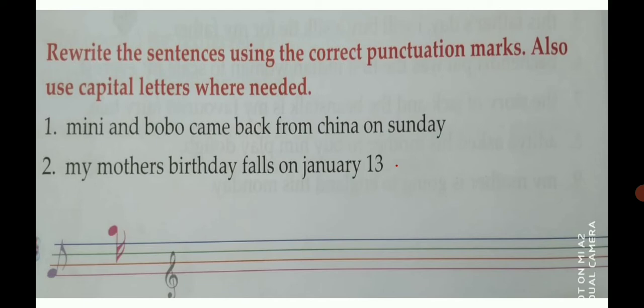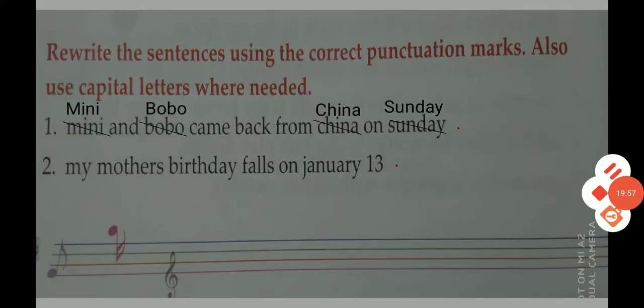So which changes are there? First of all, Minnie, Bobo, China, Sunday, and what is missing in the sentence? Full stop. Understand? So this is the way we have to do this exercise.